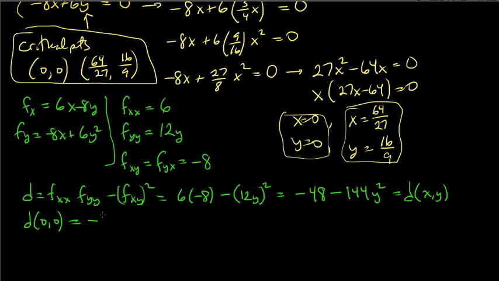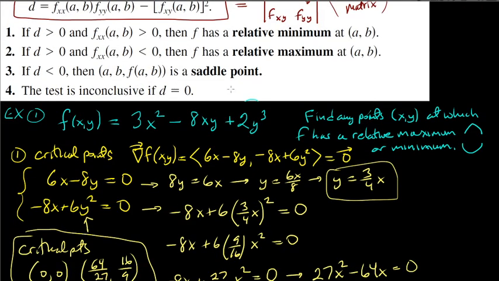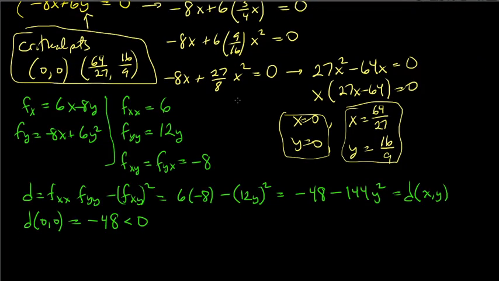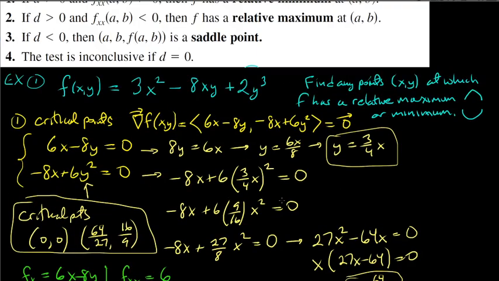If you plug in y equals 0, you just get negative 48, which is negative. And remember, when D is negative, you don't have to bother with anything else. This tells me that f has a saddle point at (0, 0). So (0, 0) is a critical number, and it turns out to be a saddle point.